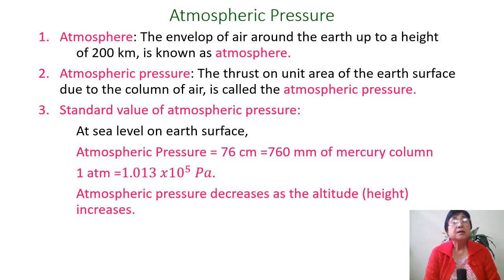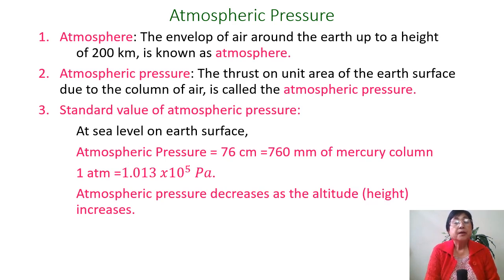So basically atmosphere consists of air, and air envelopes the earth all around up to a height of 200 kilometers measured from the earth's surface. We have air all around the earth. So that envelope of air around the earth up to a height of 200 kilometers is known as atmosphere.